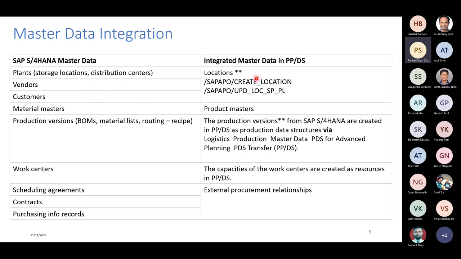How do we create location, or how do we send across location to PPDS? There is a report, or there is a SIF process by which we can do that. Do you want to see that right now? Okay, Jay is going to share the screen, and then we'll see how the location is created.